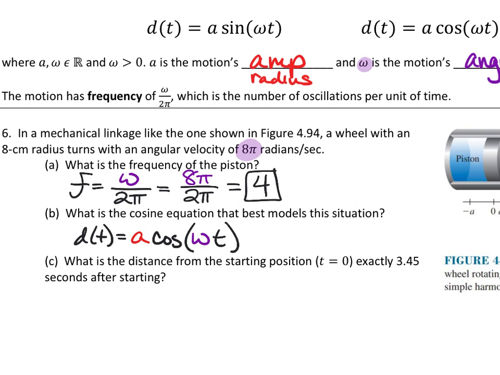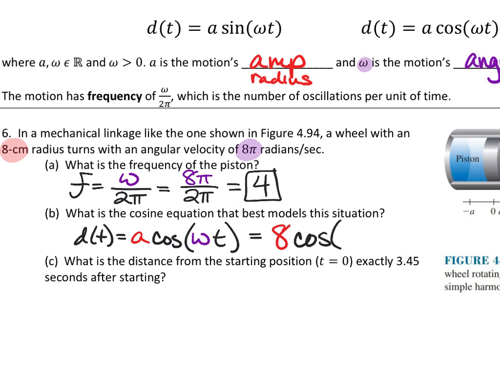But A has always represented the amplitude, and now that we're using a circle to talk about how much the point is moving up and down, it's also represented by the radius of the wheel. So what is the radius of the wheel we're using? 8 centimeters. It's going to be given to you.